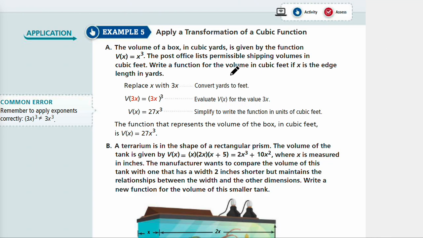Because this is in cubic yards and you want to get cubic feet, you can't just do a conversion as a one-dimensional, because remember, if it's 1 yard, it's 3 feet, right? But what about 1 yard square?